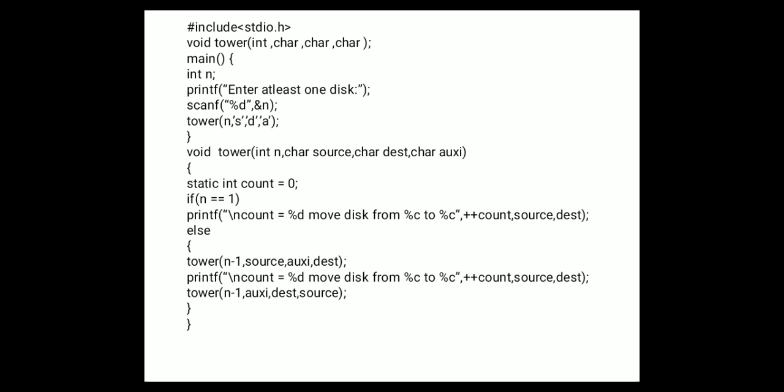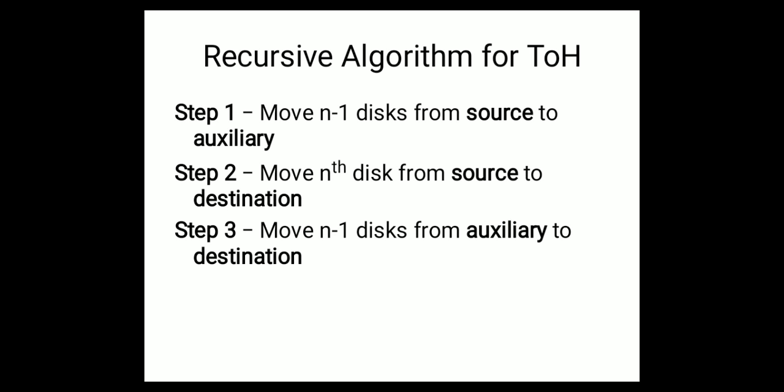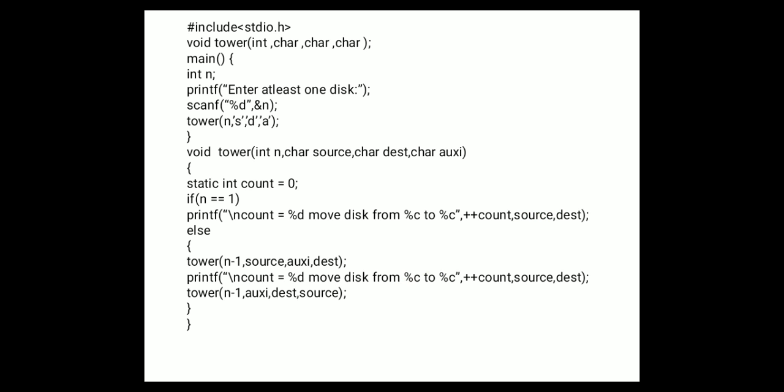So we are taking static int count = 0, and we just need the base case and the general case. As I have already told you, you need only 3 steps over here. Your first step and the third step are your general case or your logic, and moving the nth disk from source to the destination is your base case. You can see that if n is equal to 1, you're moving it from the source to the destination.